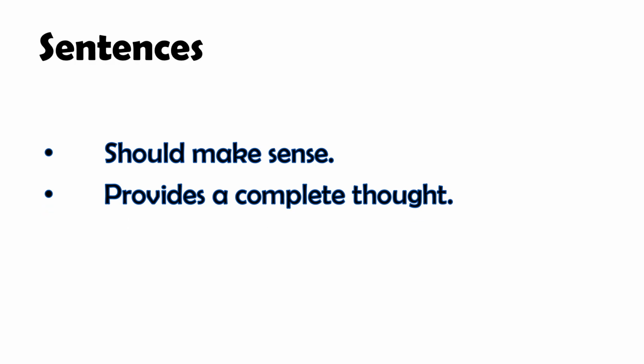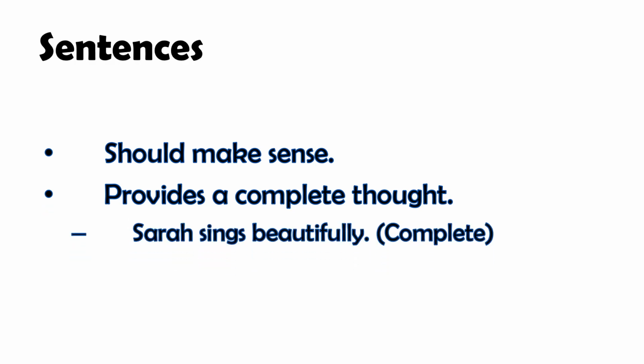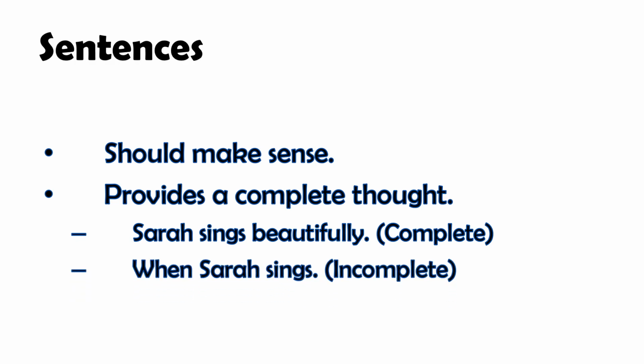It should provide a complete thought. Example, Sarah sings beautifully. This gives a complete thought. Look at this sentence. When Sarah sings, this sentence is incomplete. It does not provide a complete thought.